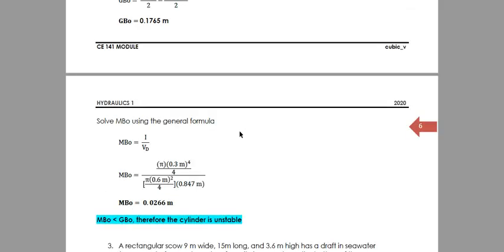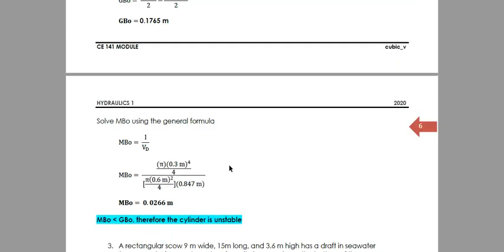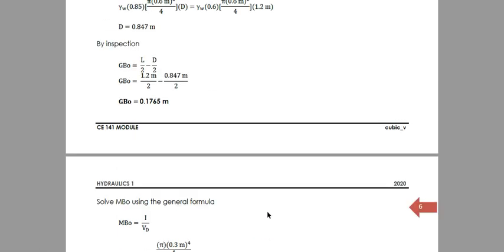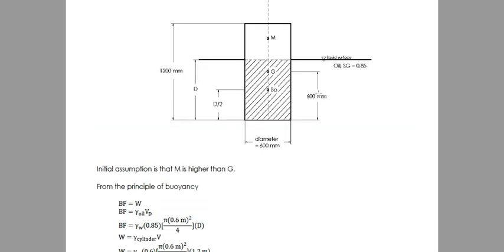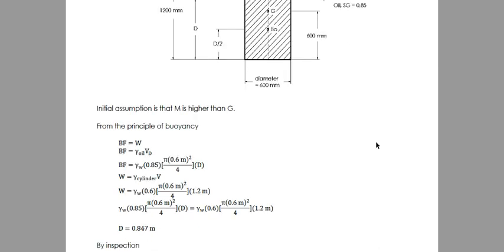Okay, so MBO is 0.0266, which means that MBO is less than GBO, therefore the cylinder is unstable. Pag sinabing unstable, so mag-tip over yan. So mag-roll over yan dun sa oil. So hindi siya mag-float sa ganitong position since M is lower than the center of gravity.